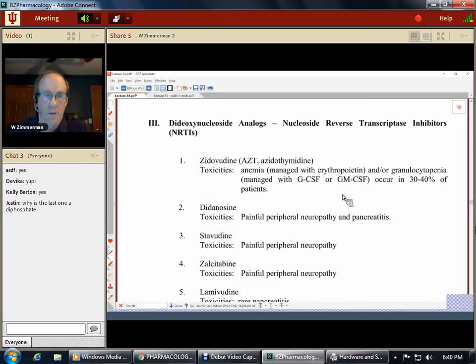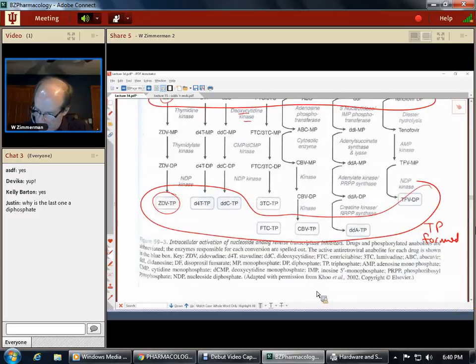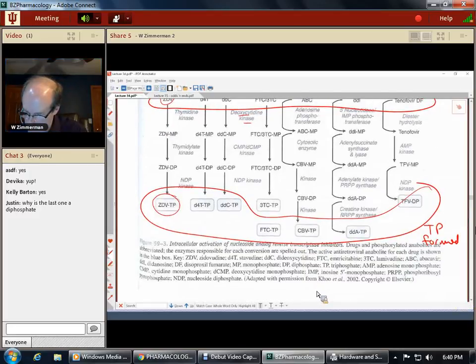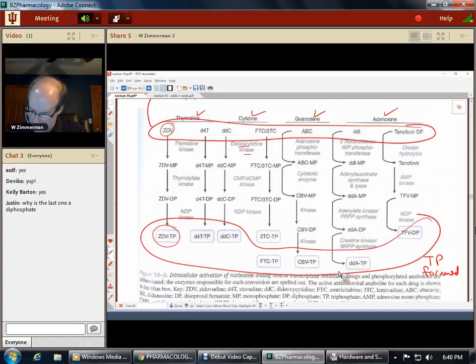Why is that last one diphosphate? You probably caught something I'm not aware of. That's interesting. Dustin, I'll have to look. I'm not sure. It doesn't seem like it would work in my mind, because in my mind they all got converted in the triphosphate form and got incorporated. Hold on a second.